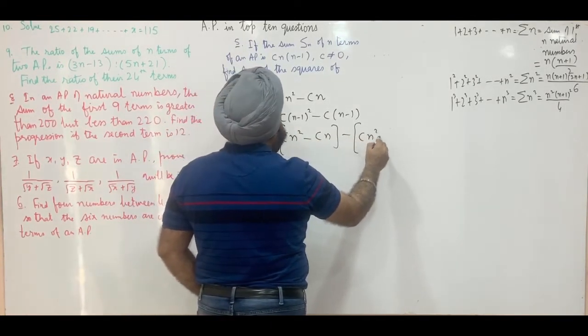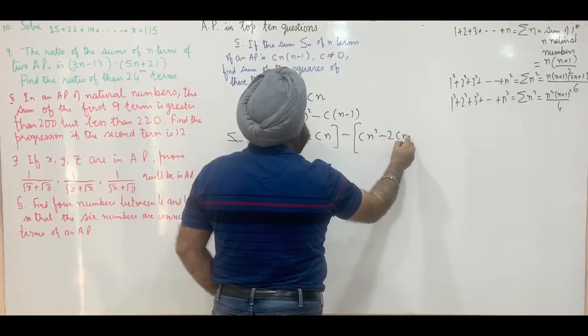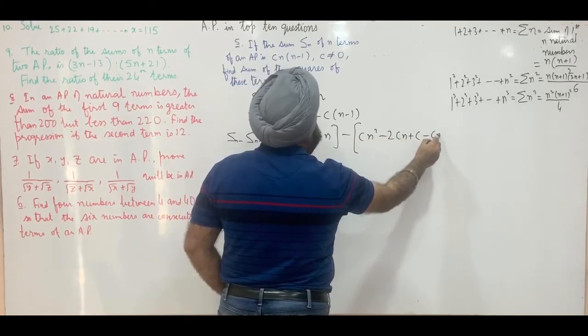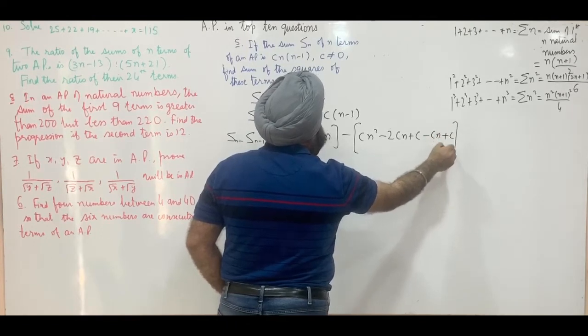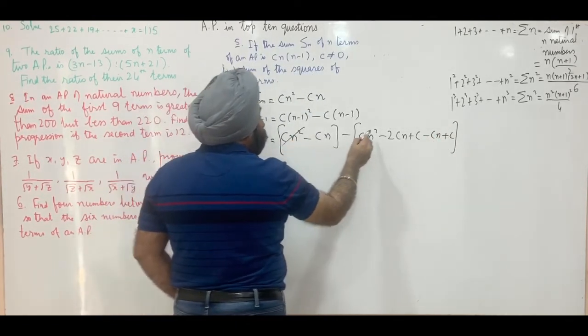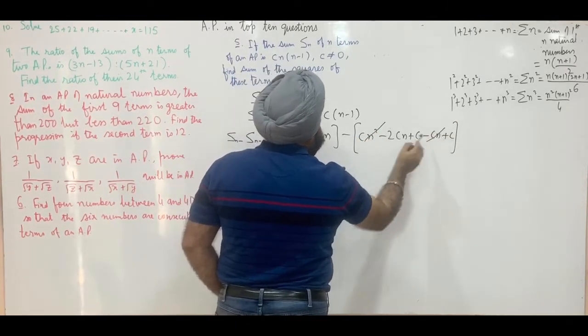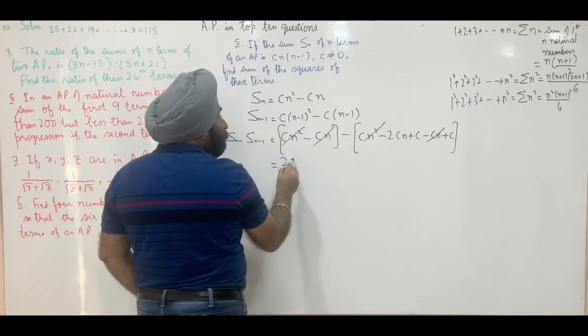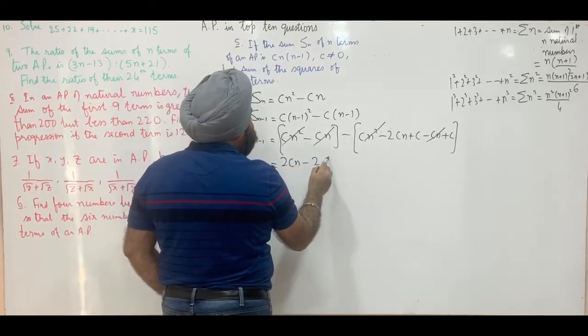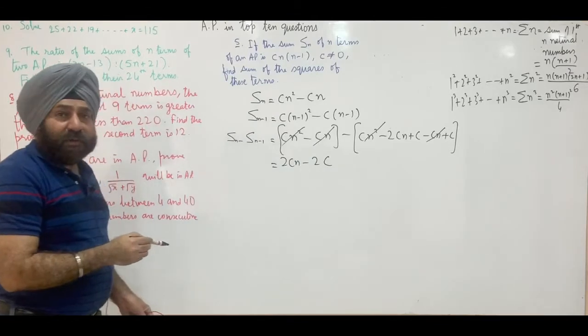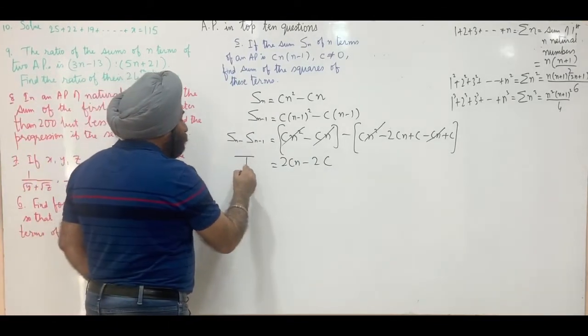This is Cn square minus 2Cn plus C minus Cn and plus C. Cn square will cancel out and Cn will also cancel out. This is 2Cn and minus 2C. And we know Sn minus Sn minus 1 is the nth term.